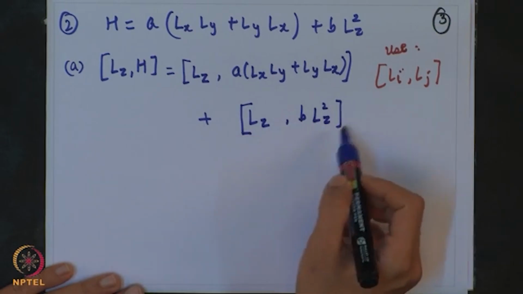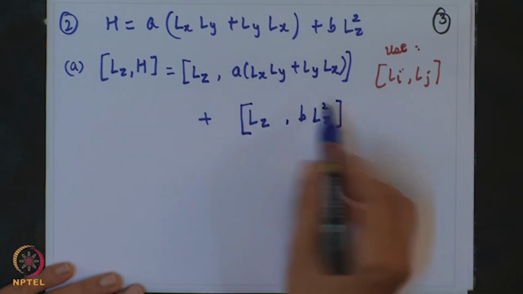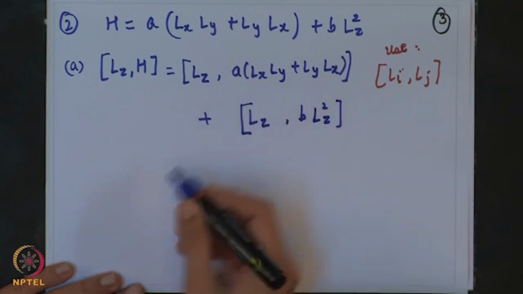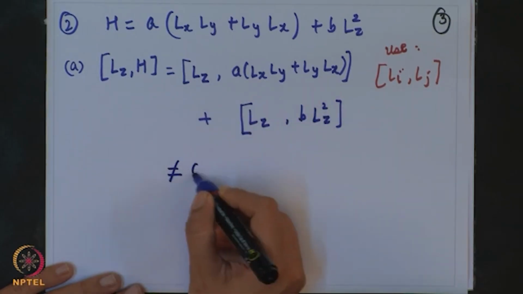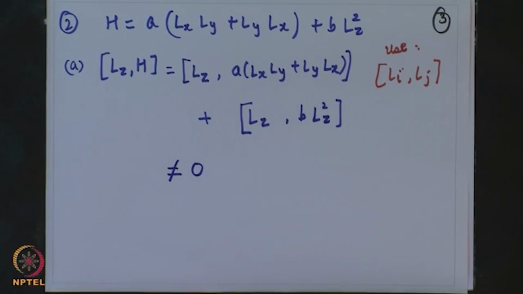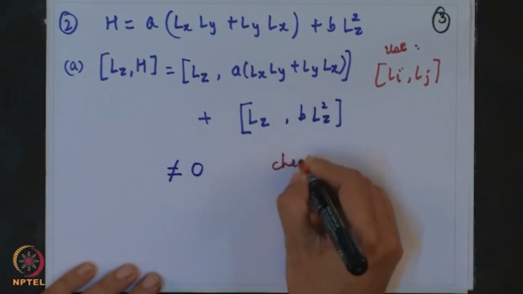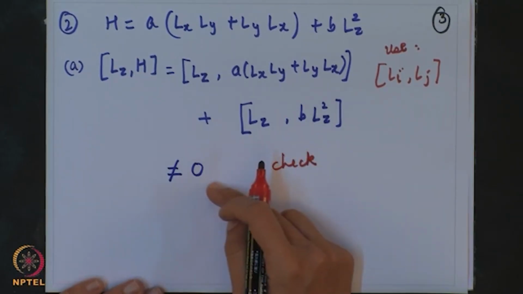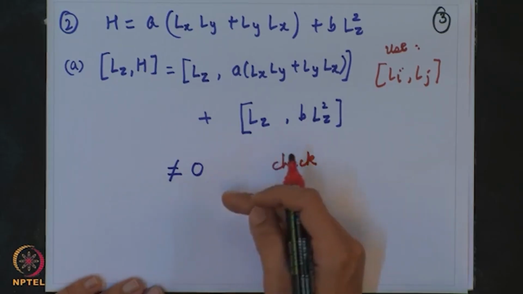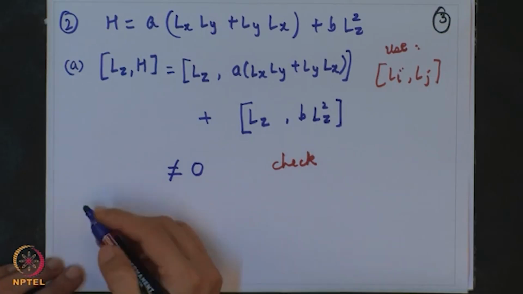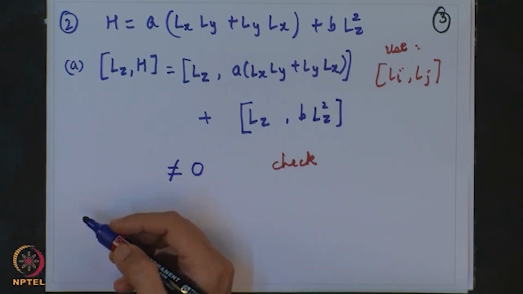The second term will give me 0, the first term will give some result. This result is not equal to 0; you will check this and obtain the non-zero value. So, this was the A part.